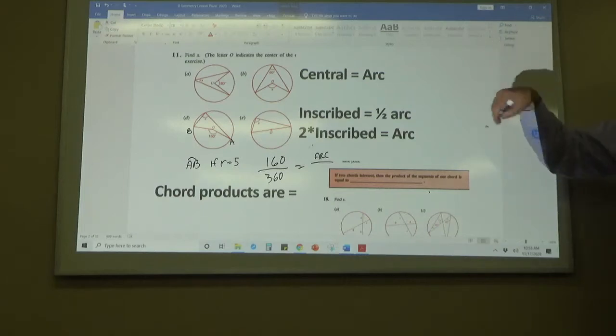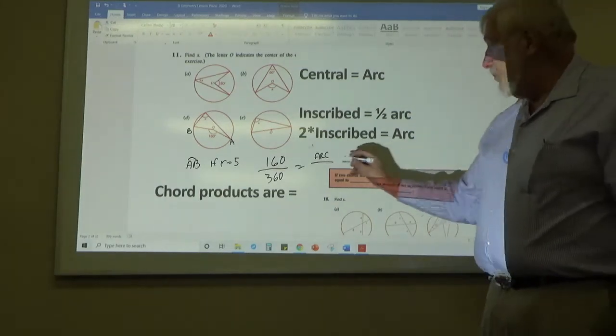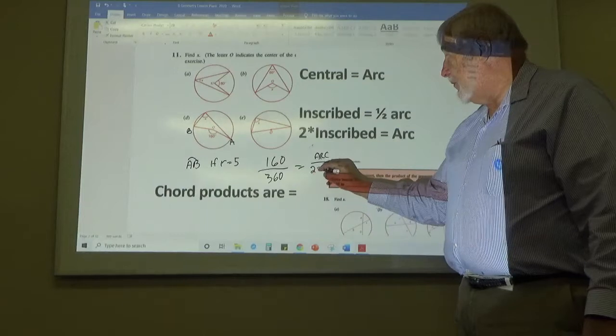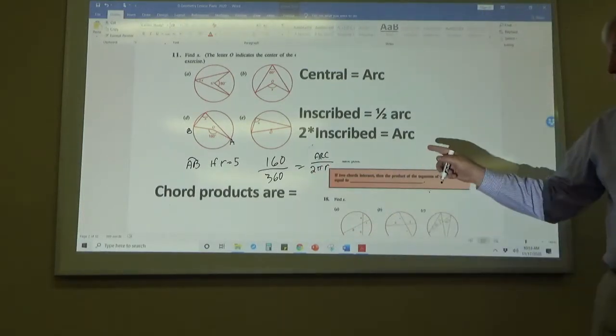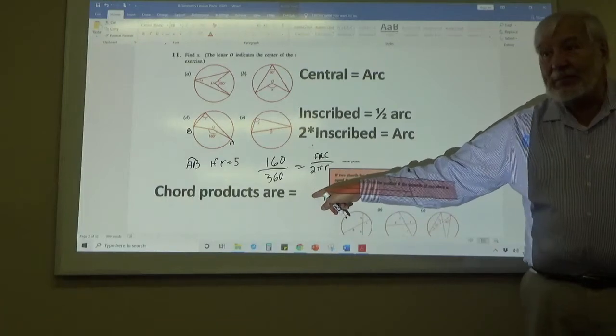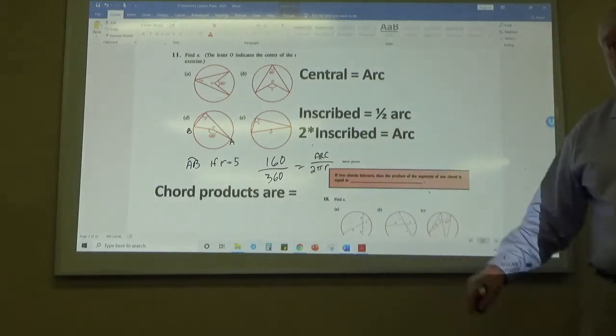What's the distance all the way around? 360? No, that's on that side. What about over here? The 2 pi. Yes, 2 pi r. Now, once you have it set up, all right, Kason, what do you do to solve this for arc?